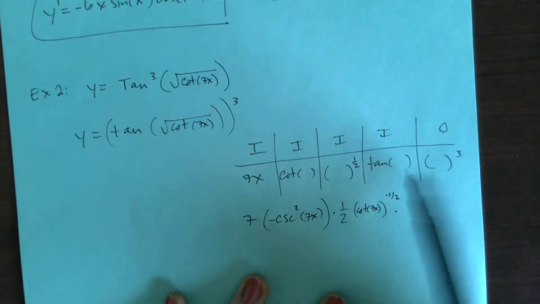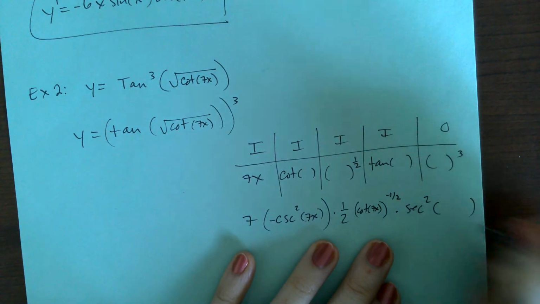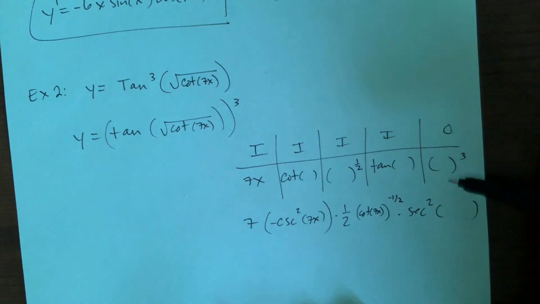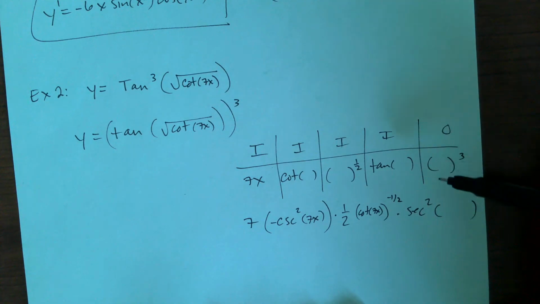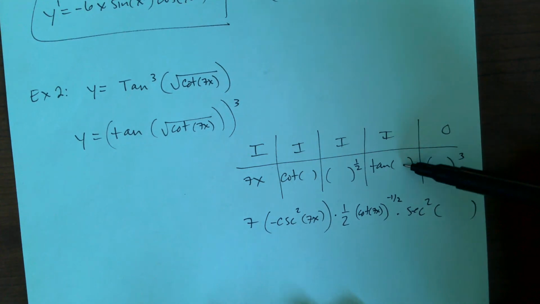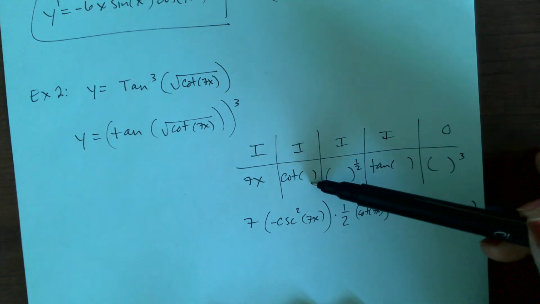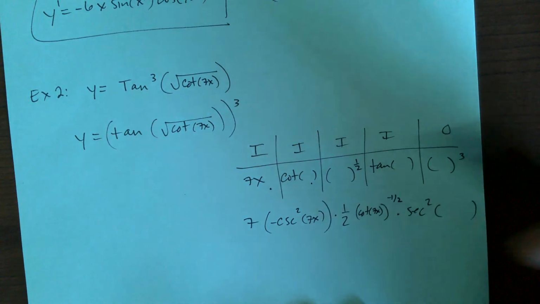the derivative of tangent, which is secant squared of blank. So what was here has to go in here. What was inside of here was the radical of the cotangent of 7x.